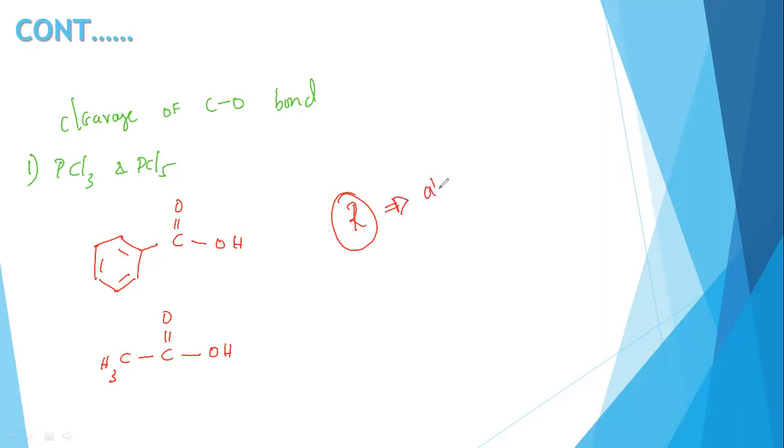R can be alkyl or aryl. Aryl means having the benzene group, an aromatic one. Alkyl means having the CH3 group. So these both are carboxylic acids. Are you all clear? Okay, right.